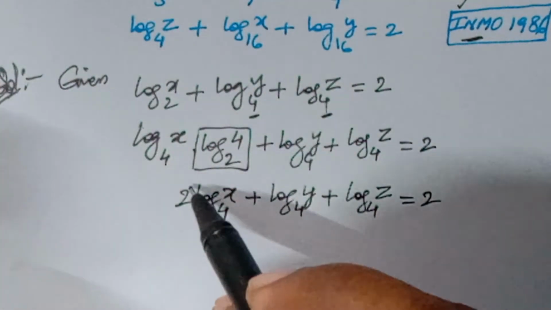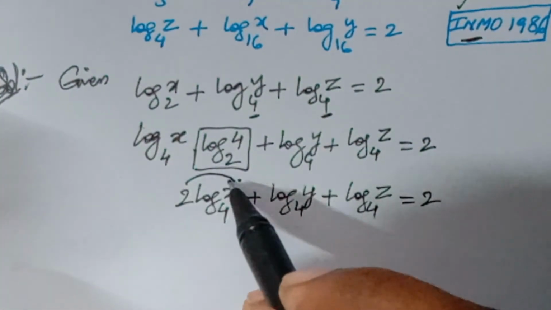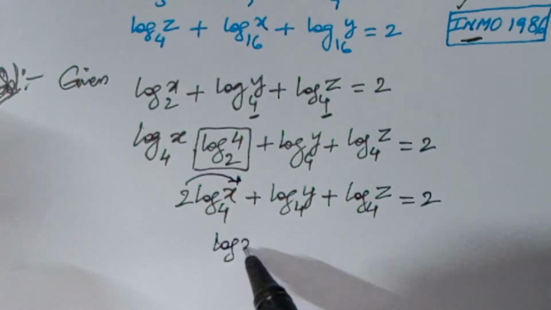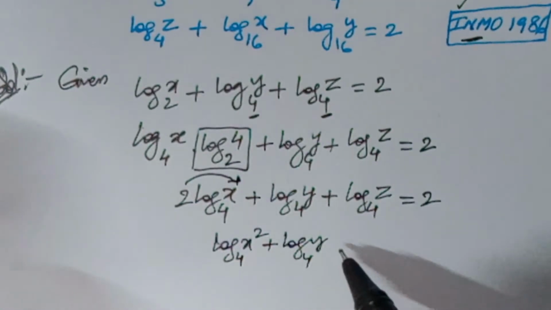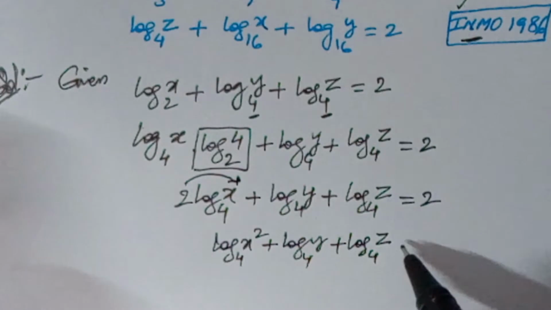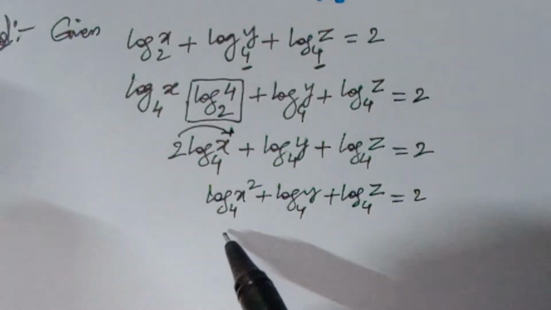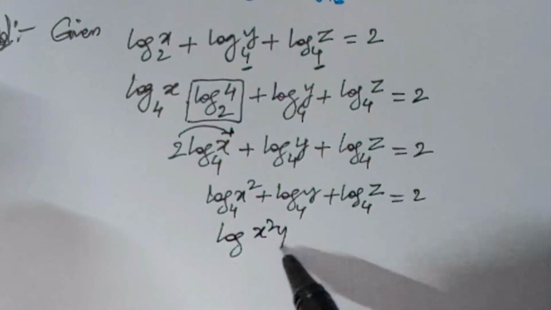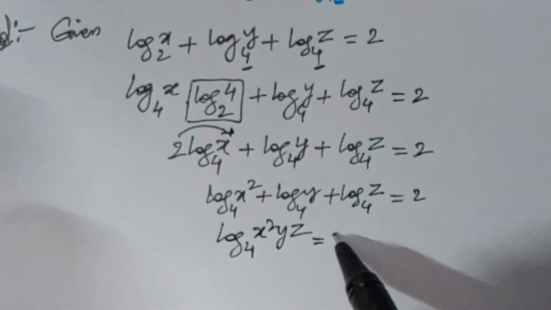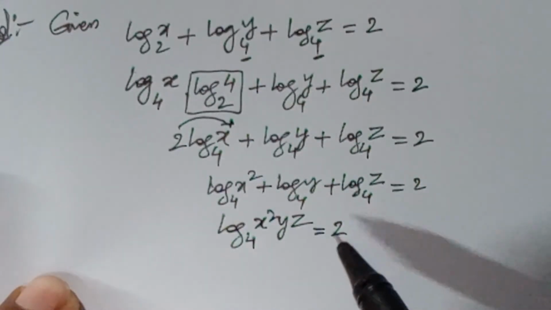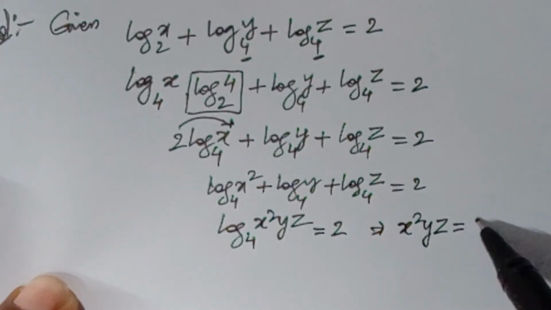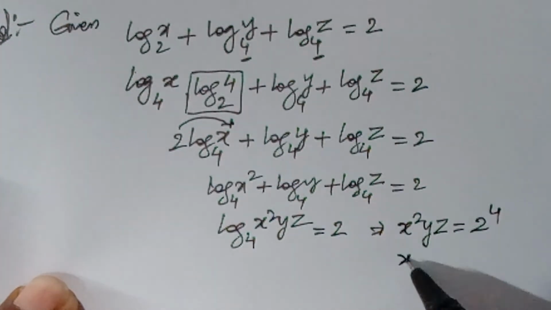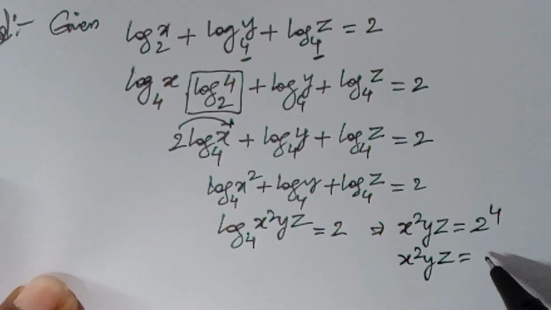With the power formula, you will get log x square plus log y plus log z, base 4, is equal to 2. So you can write it as log x square yz base 4 is equal to 2. By the log formula, x square yz is equal to 4 power 2. x square yz is equal to 16. So this is the first one.